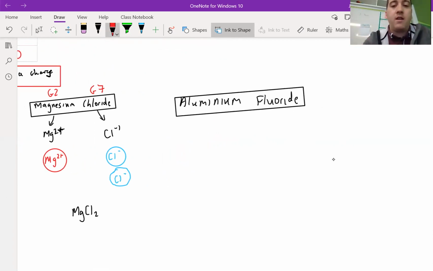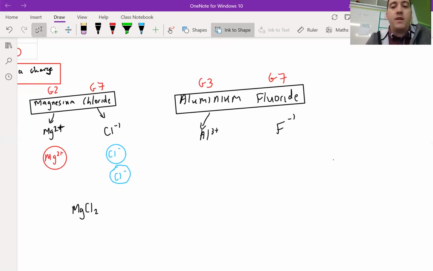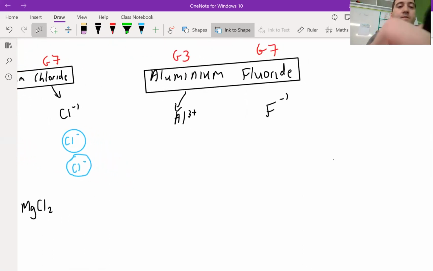Aluminium is a metal in group 3. Fluoride is a non-metal in group 7. It comes from the element fluorine. Okay, so what does this mean? Well, if it's in group 3, that means aluminium forms a 3+ ion and fluorine forms a -1 ion. Okay, so Al3+ and F-1.